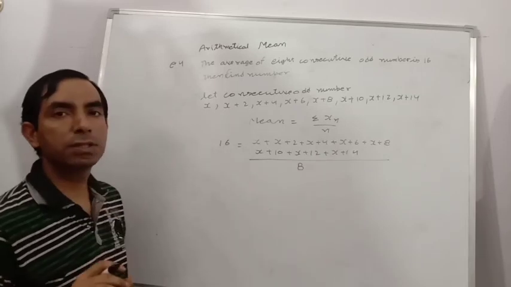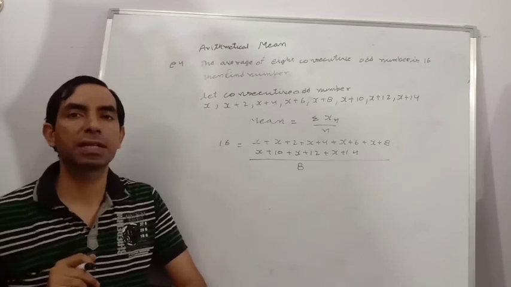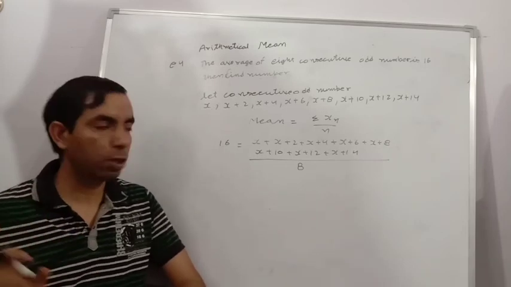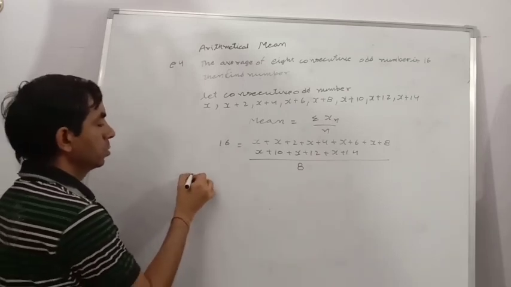If the mean is given, we always do cross multiplication and solve the right-hand side numerator. So 60 times 8 is 480.